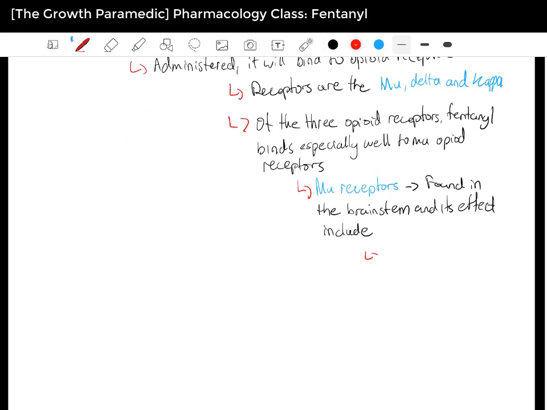So there are three main effects I want you to be aware of when the mu receptors are activated. So it has an analgesic effect, so pain relief. It alters the sensation of pain.